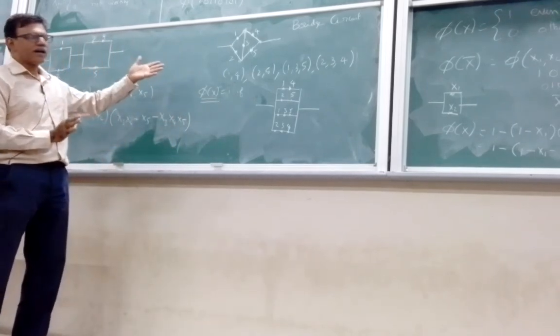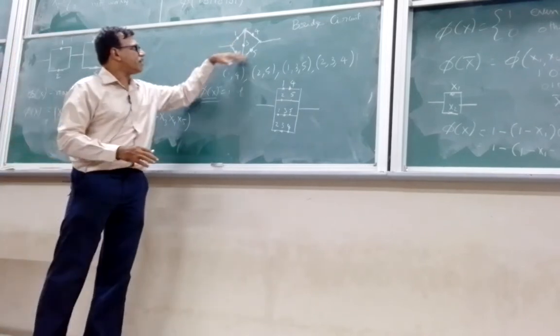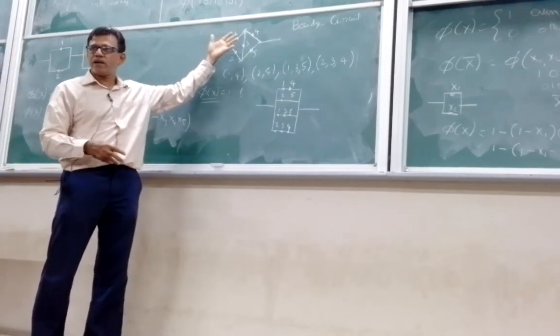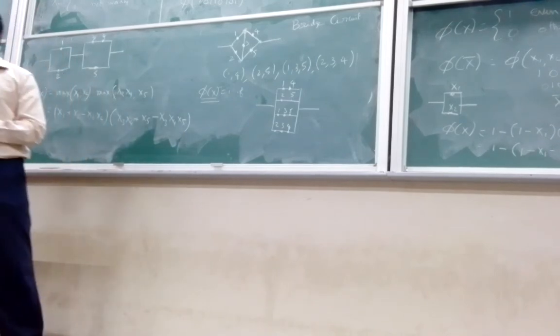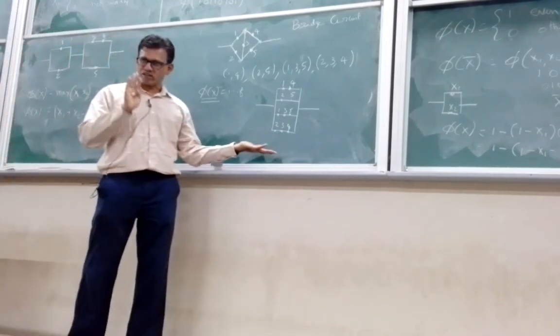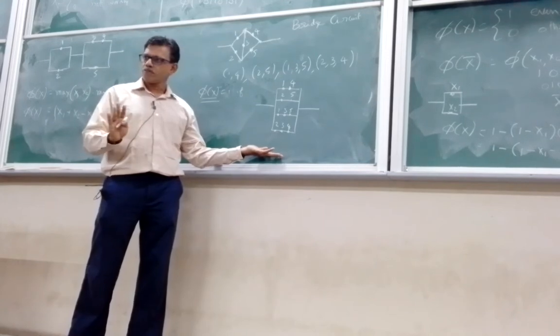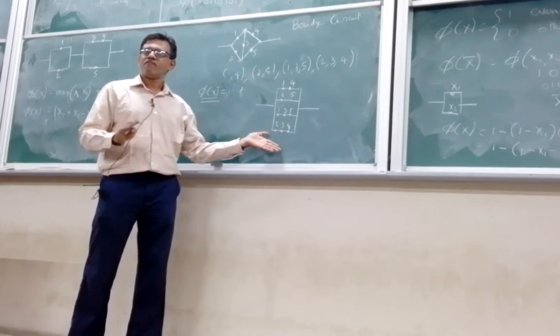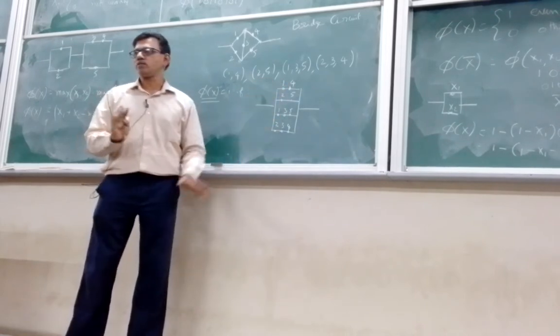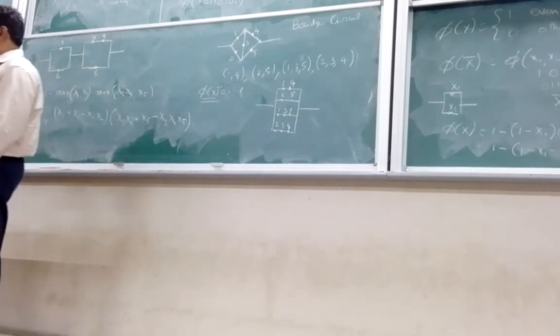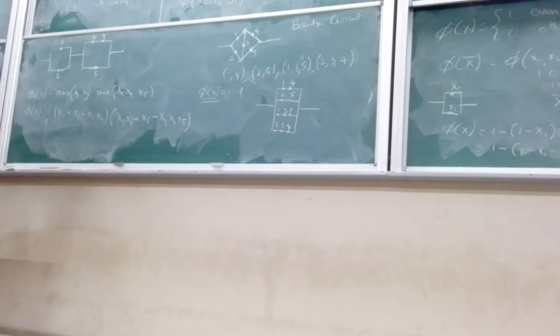So what we are trying to do is that if you have any complicated diagrammatic representation of a structure function, it's possible to come up with a structure function which is a parallel combination of systems in which each one is a series system.